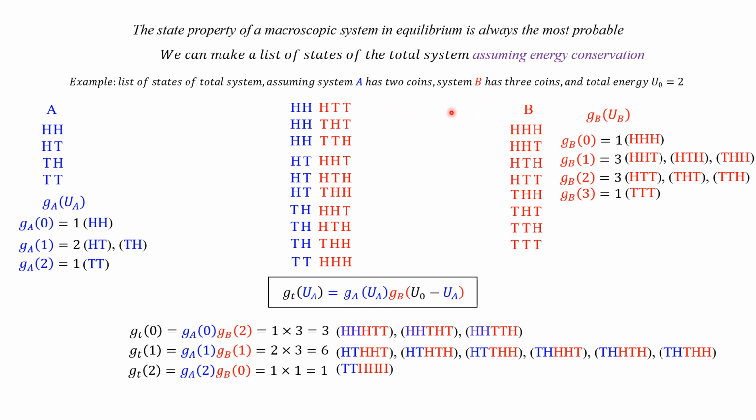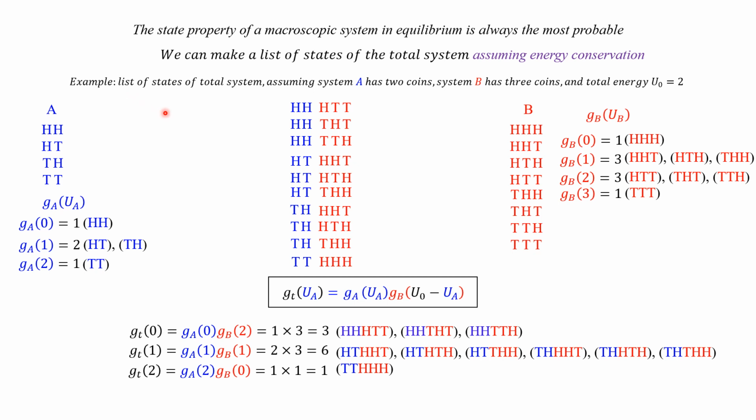In this example, we have a small system, only 5 coins. If we had a macroscopic system, then the probability of the most probable energy would be very, very close to 1. It would be almost sure, virtually sure, that we would find system A with the most probable energy.